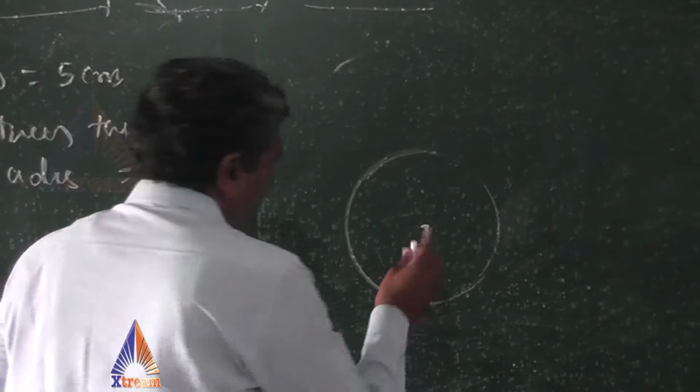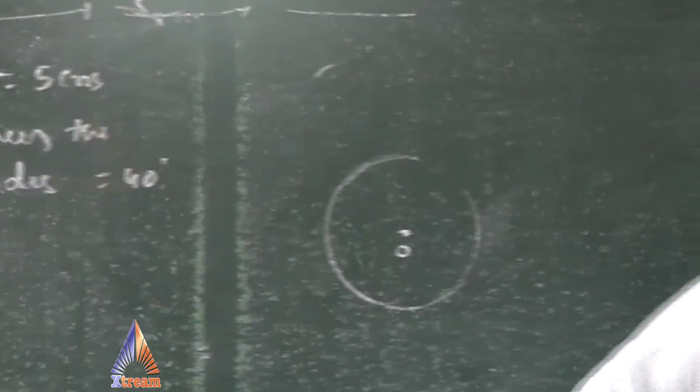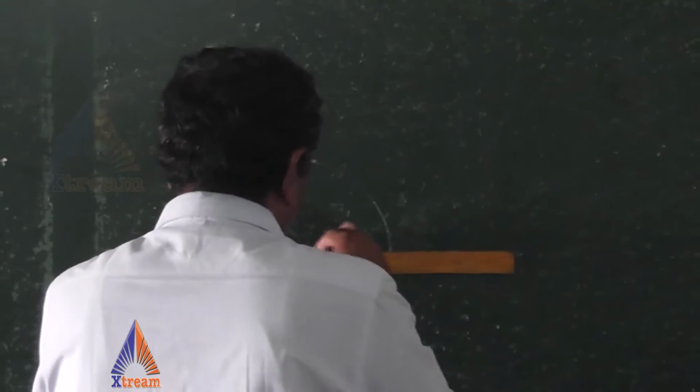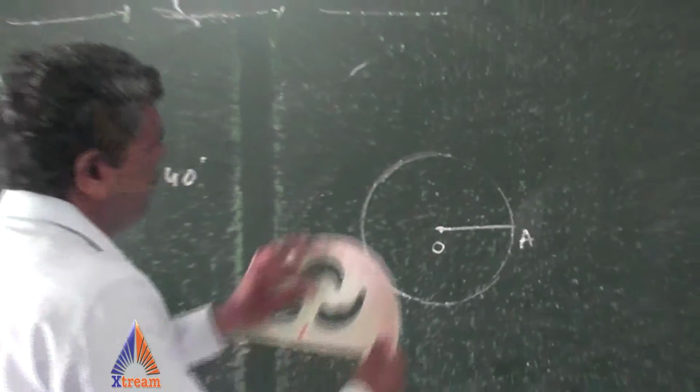This is the circle of radius 3 centimeters. Then you can mark any one of the radii. So I take a point. The given condition is that the angle between the radii is 40 degrees.